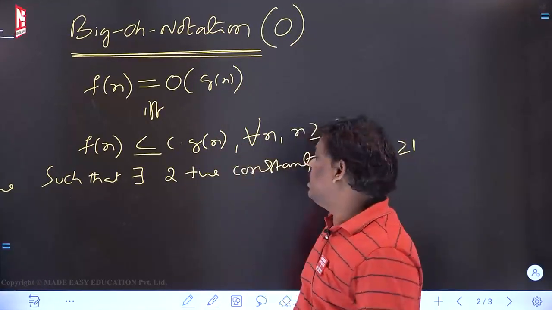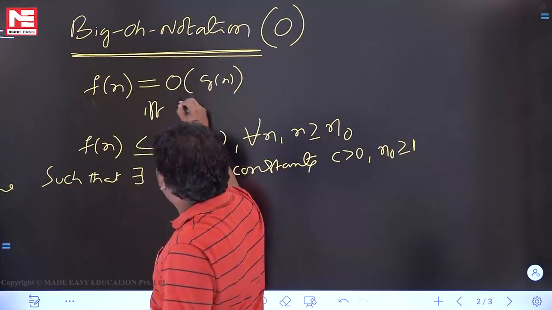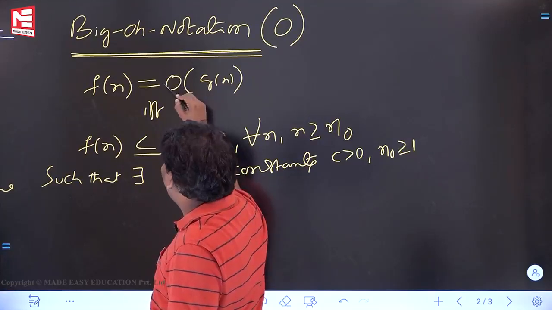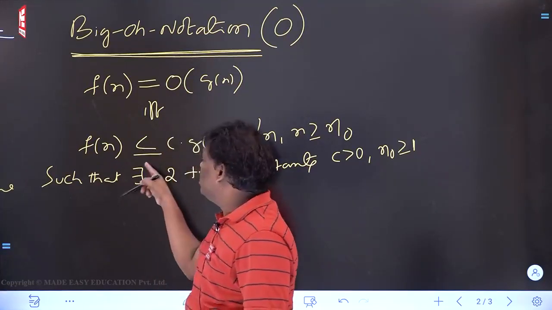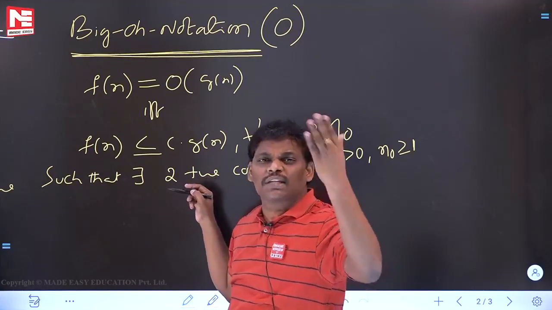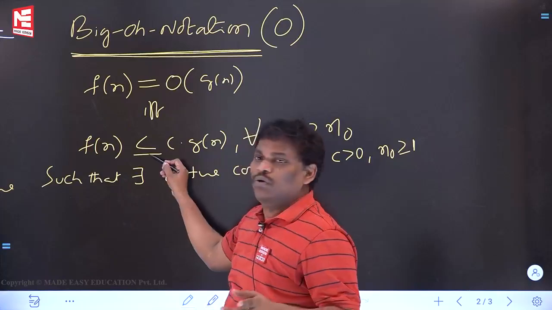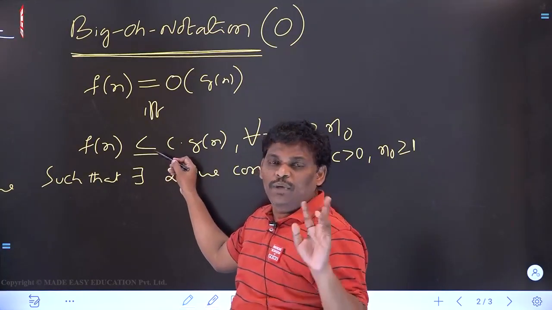Next one. What is the name of this one? Big O, the capital O. In the big O, we write less than or equal to. Next is omega. I will keep the omega symbol here, with greater than or equal to. Omega definition is also the same, just change the symbol: omega, greater than or equal to. Next, if big O is satisfied and omega is satisfied between two functions, then it is theta.